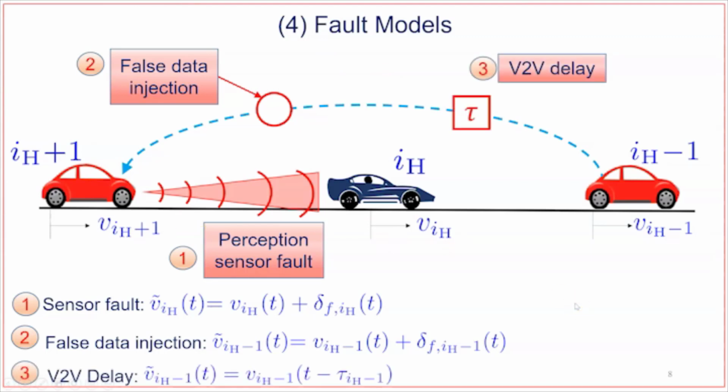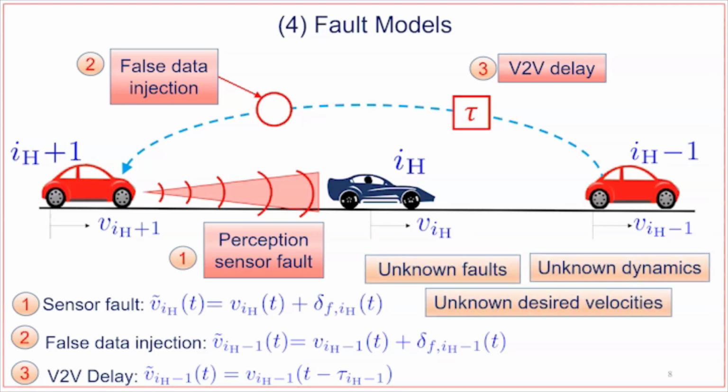And the third fault is a communication time delay in this communication link. And again, we have unknown dynamics, we have unknown desired velocities, and we have unknown faults.